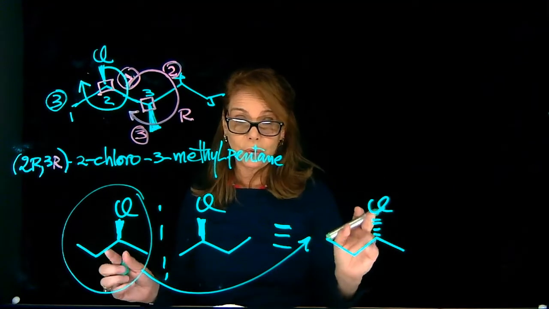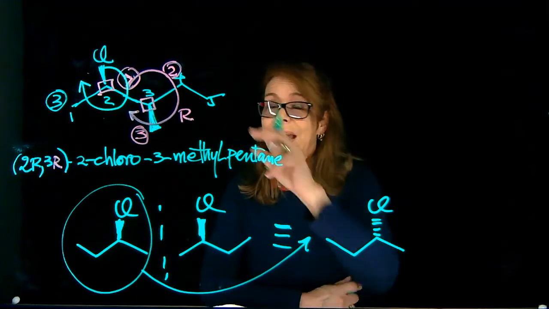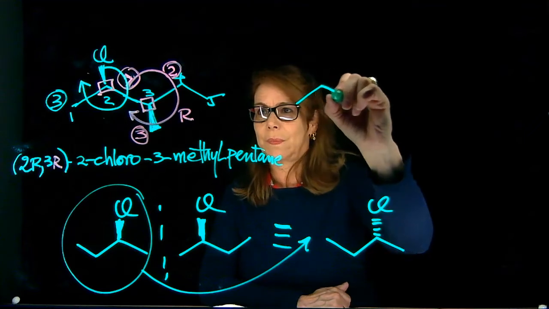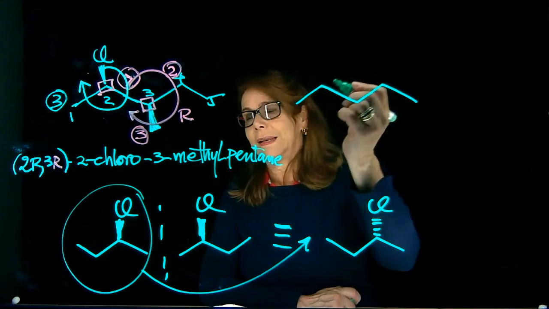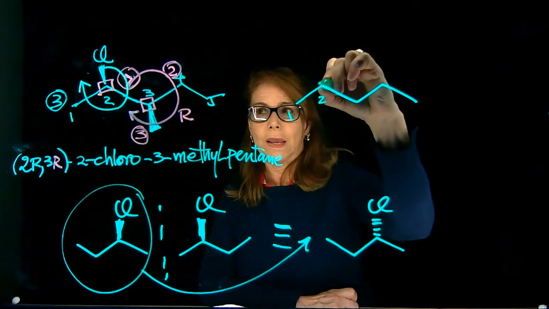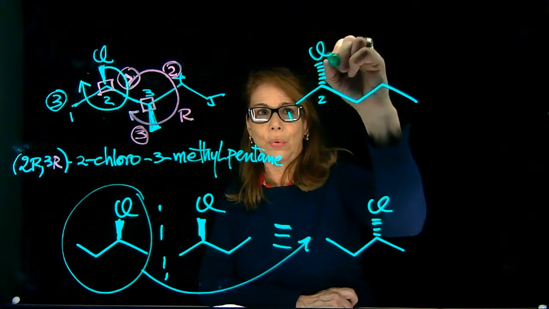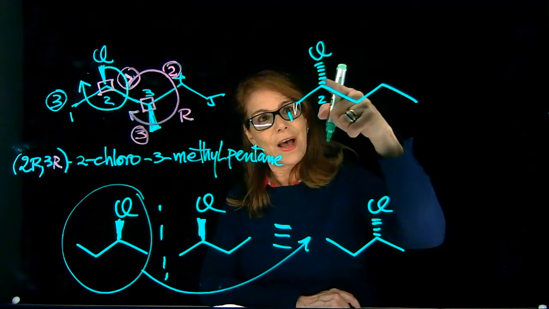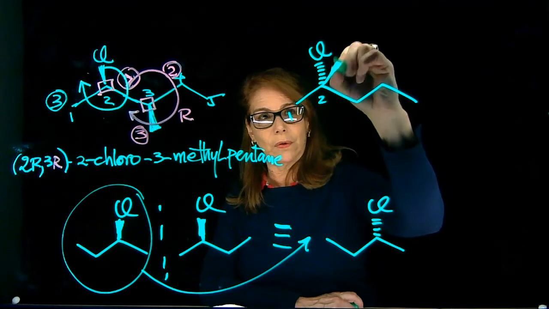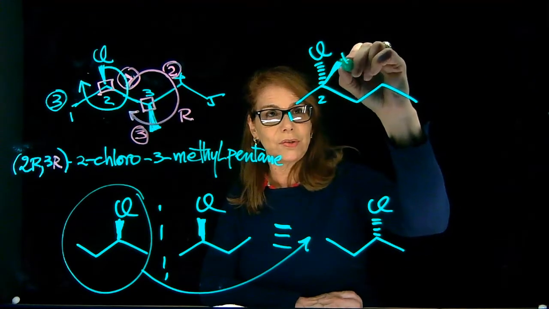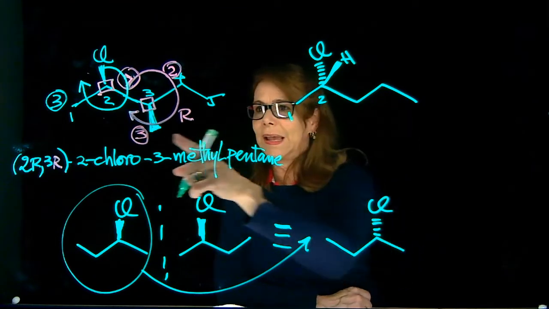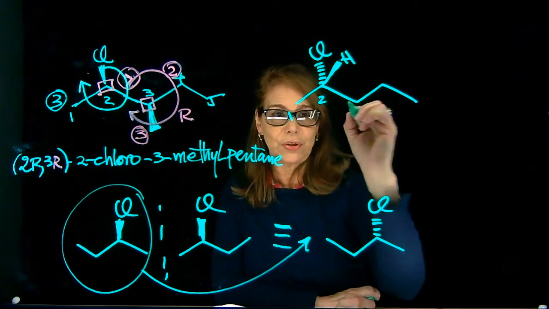So all we need to do is invert the configuration at the chiral center. So I'm going to draw the skeleton the same. And now I need to invert the configuration of carbon 2. To invert it, all I need to do is switch places of the hydrogen and the chlorine. Remember that here the hydrogen wasn't drawn, so now it's going to be here. I have inverted the configuration at that center, and now I need to invert the configuration of the other center.